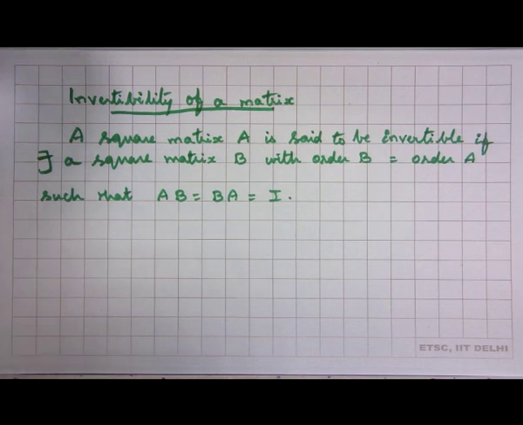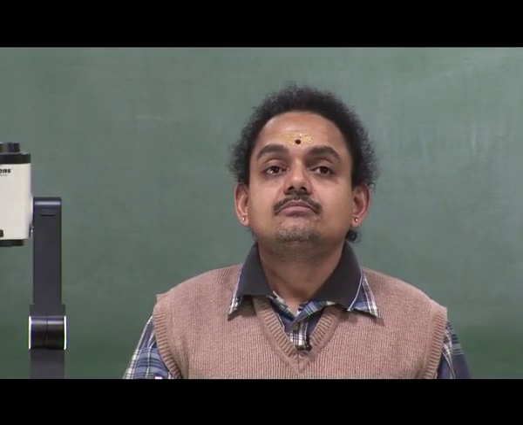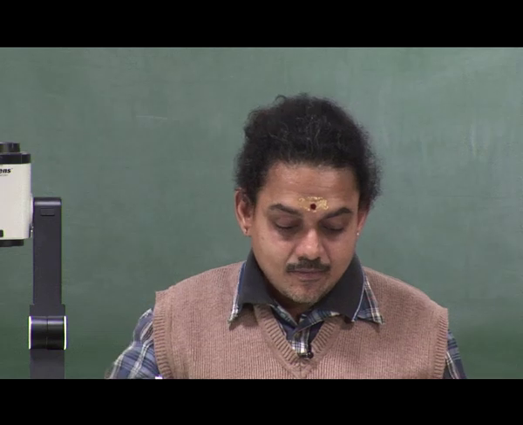If you just multiply A with B or B with A, it should give you the identity matrix of the same order. Then if you can obtain such a matrix B, then you say that the matrix A is invertible.